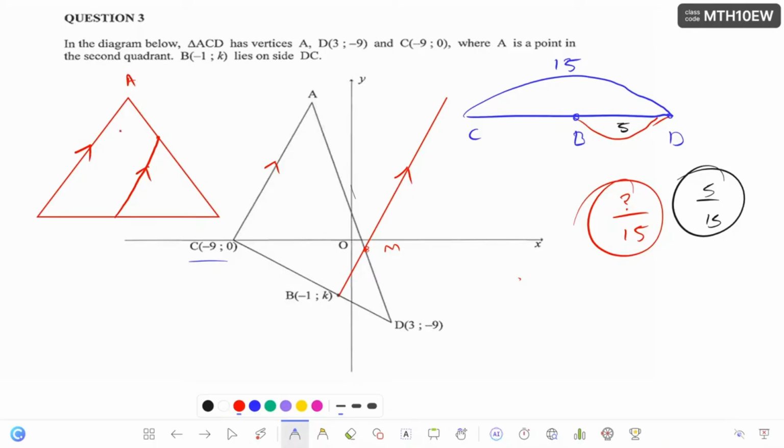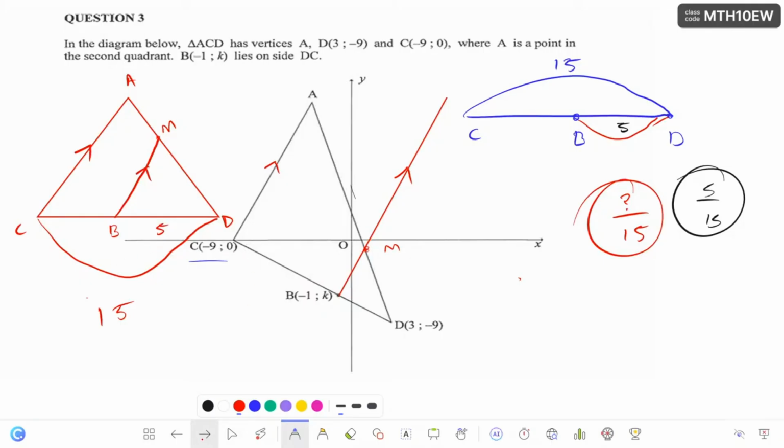Here is A, here is C, here is D, here is B, and here is M. Since we're calculating a ratio, we know the distance CD is 15, which we've already calculated, and we know the distance DB is 5.